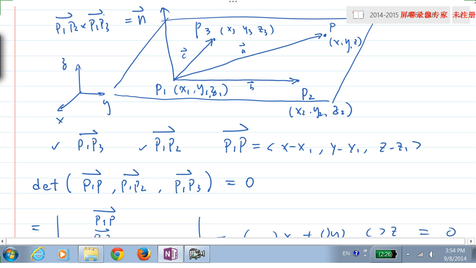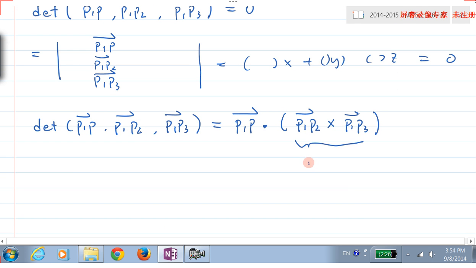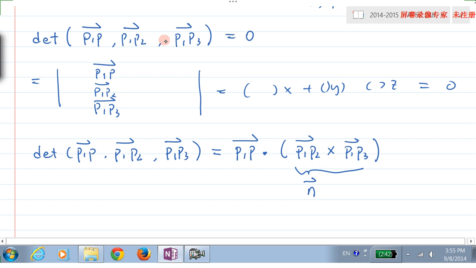The nature of the cross product is that the result is perpendicular to these two vectors, or in other words, it's perpendicular to the plane formed by the two vectors, right? So let's call this n here. Back to the same conclusion: because the volume is 0, this dot product is 0, right?